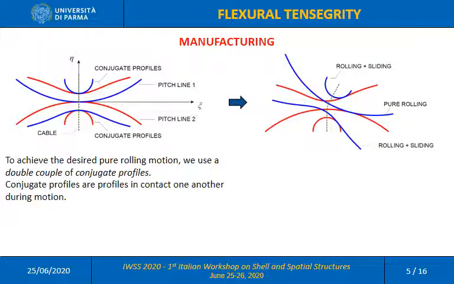From the point of view of manufacturing, in order to achieve the desired rolling motion along the pitch lines, we find it convenient to use a double couple of conjugate profiles, which are profiles that remain in contact with one another during the motion. This picture represents a schematic view of the joint between any two segments.